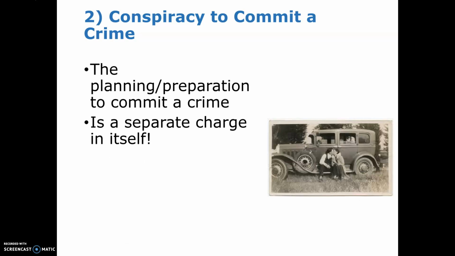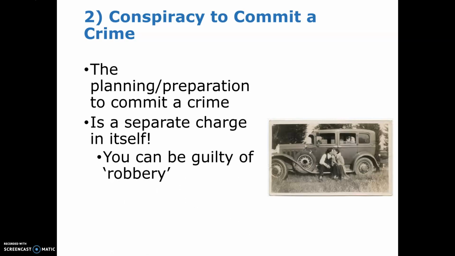What this also means is that the principal, the person who does commit the crime, can be charged for the crime itself, and can also be charged for conspiracy, for the planning or the preparation of that crime as a separate entity. So you can be found guilty of robbery, and at the same time be charged with the conspiracy of that robbery.